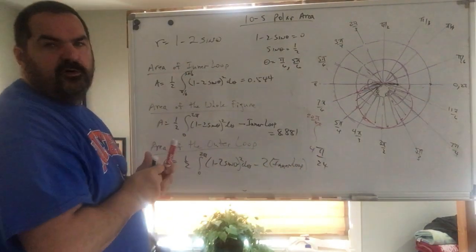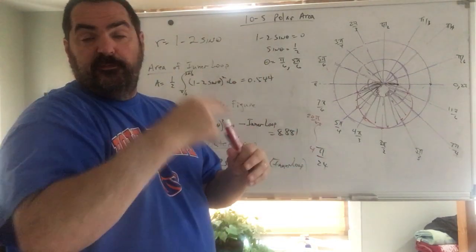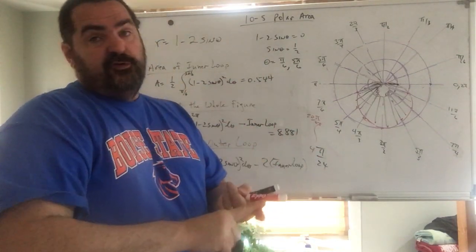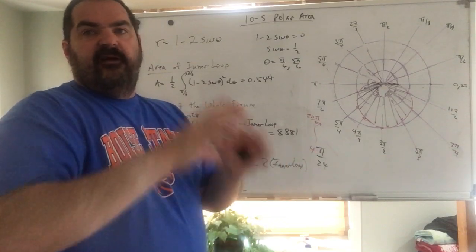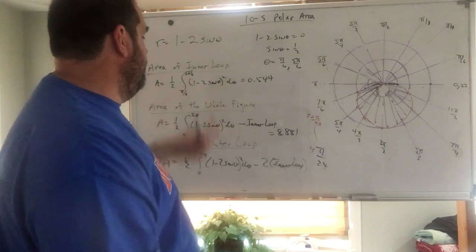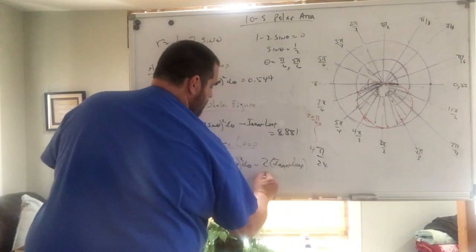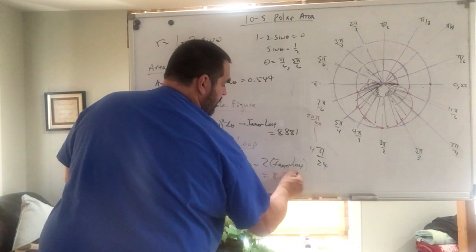If you think about that real quick, if we go just 0 to 2 pi, we water the whole figure but the inner loop twice. You subtract off 2 inner loops, you now have everything but the inner loops, and that's what they call the outer loop. So that value, of course my computer went to freeze mode, is 8.338. Put here in red there.